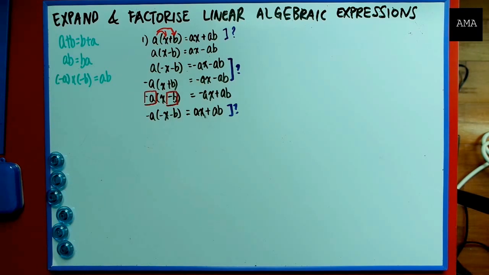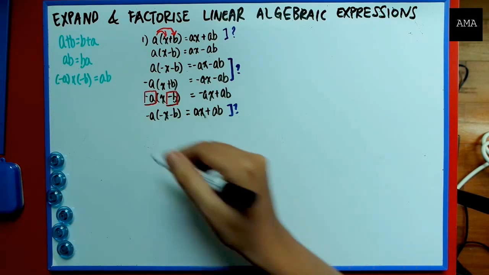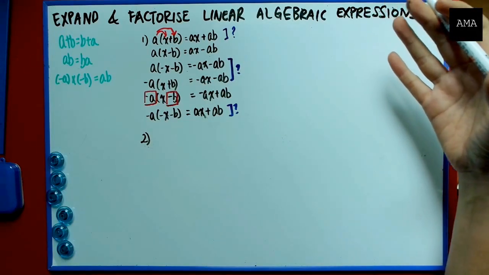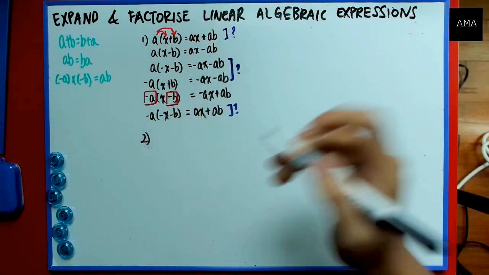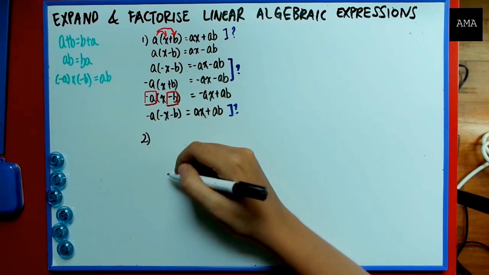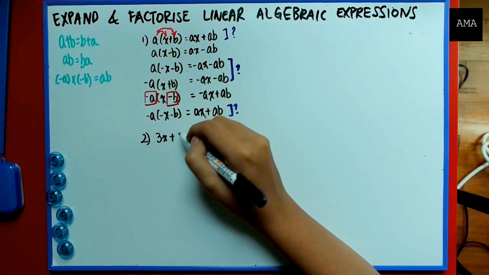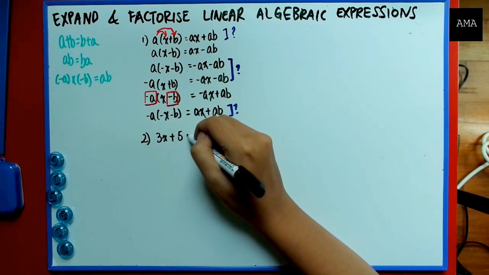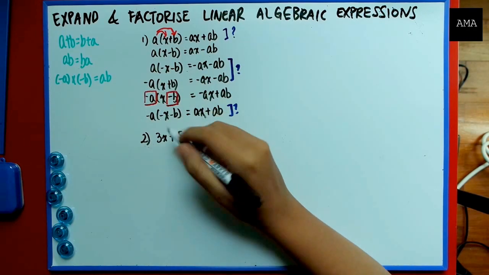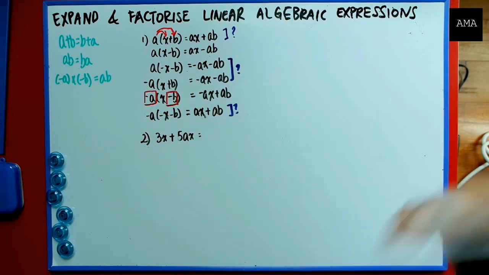So to factorize is basically the reverse of expanding, okay? Let me show you. I'll do some exercises later after I've talked about expanding and factorizing, okay? To factorize, basically, if I give you an expression that looks like this, I want you to express it in this form basically, such that I have parentheses or brackets, okay?